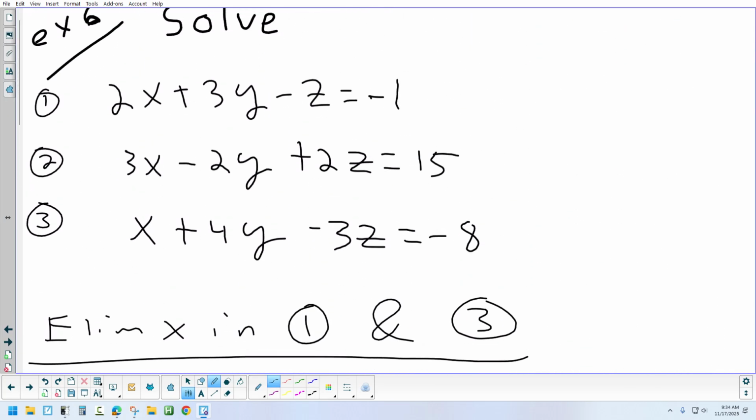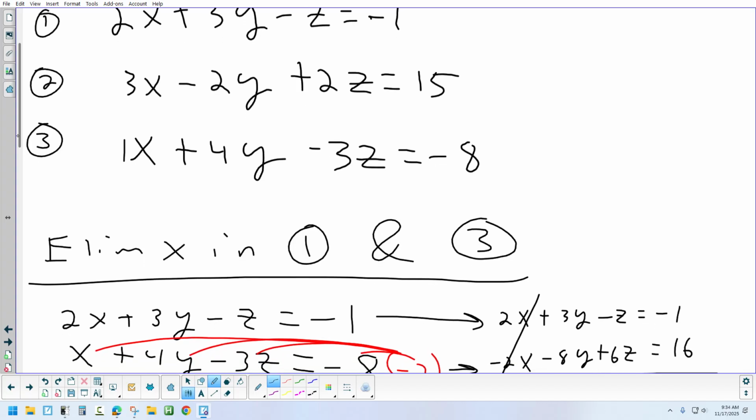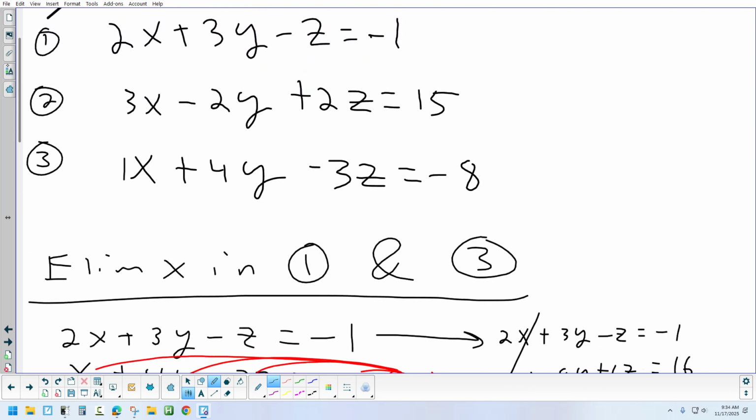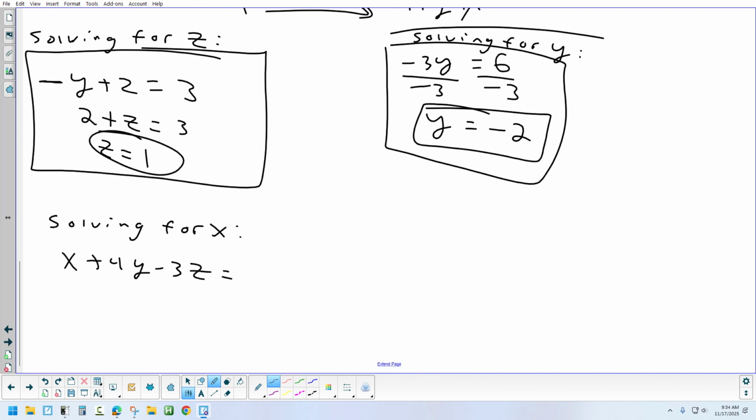You can pick any of them, but I would pick the one that already has an x with a 1 in front of it. So let's use equation 3. x plus 4y minus 3z equals negative 8.